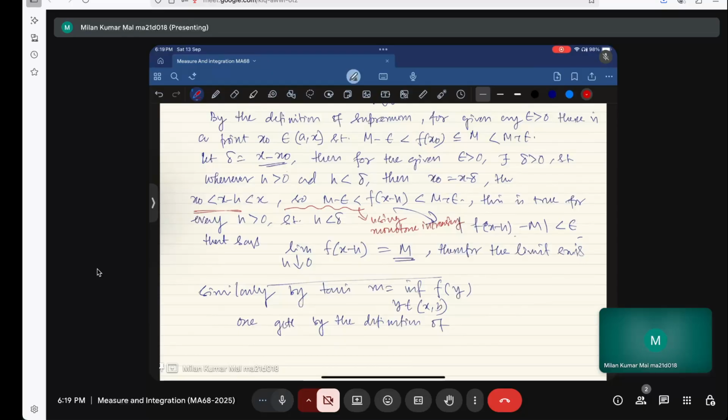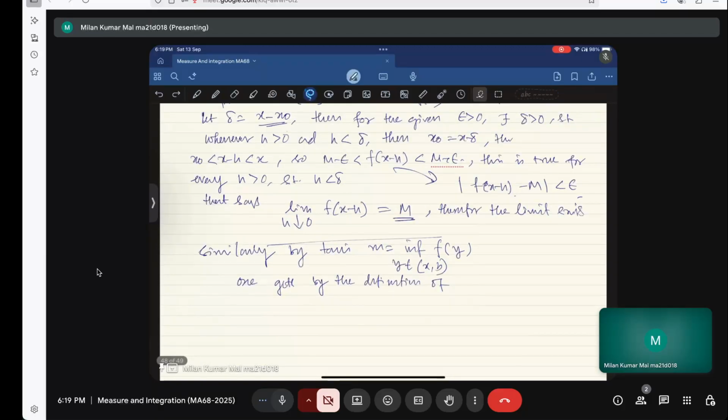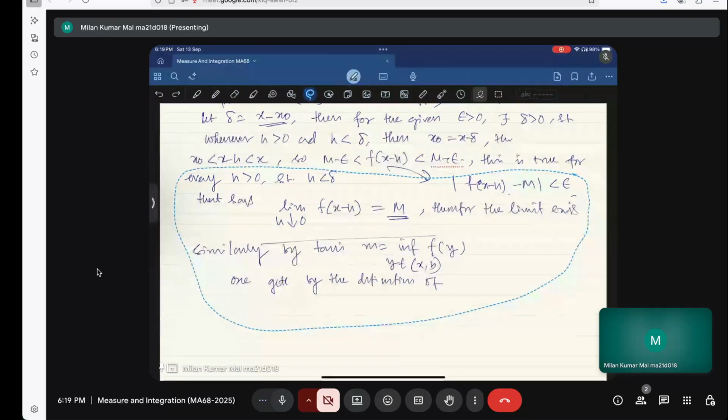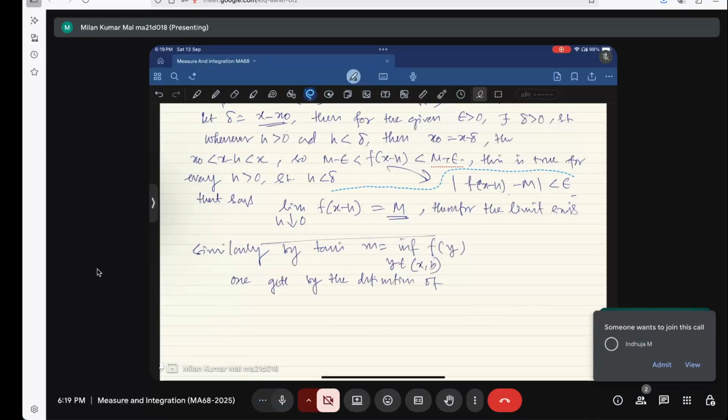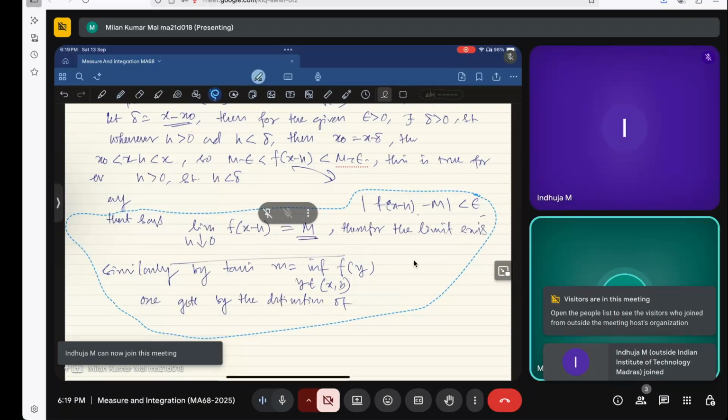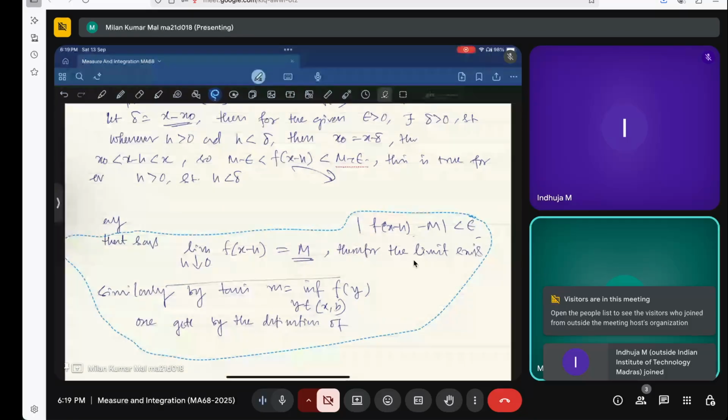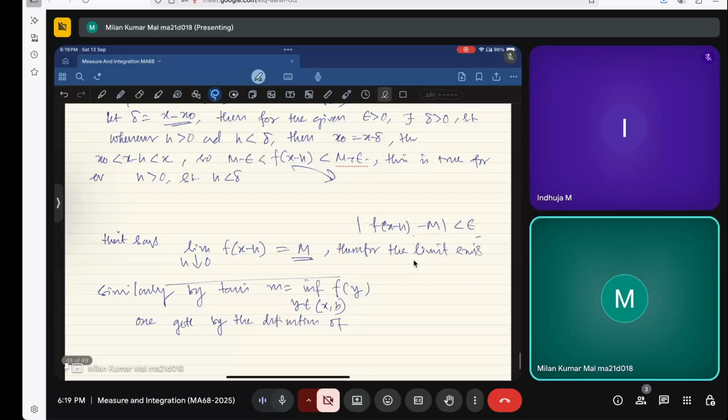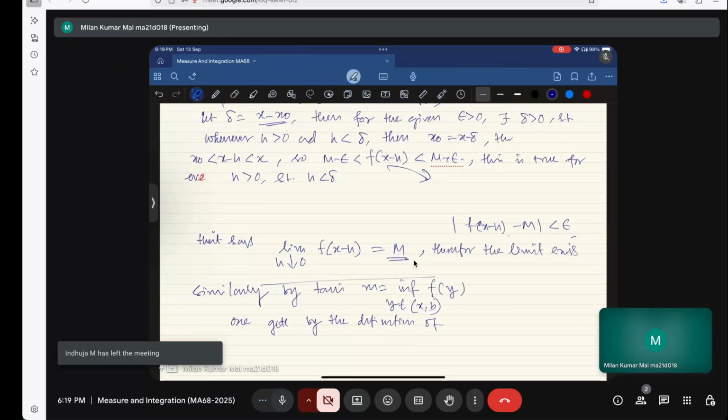So now f of x minus h. I'll give a little argument why this is happening here, due to monotonicity, how monotonicity is working, for every h greater than 0 such that h is less than delta.